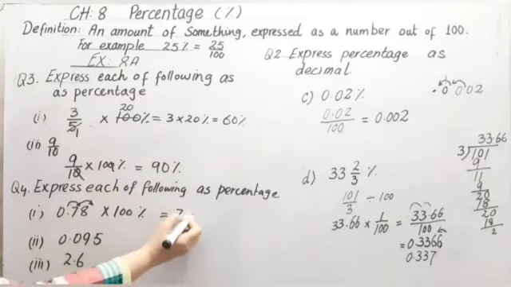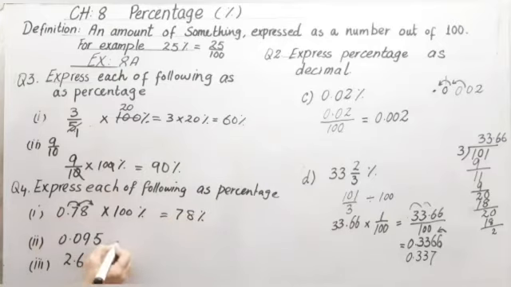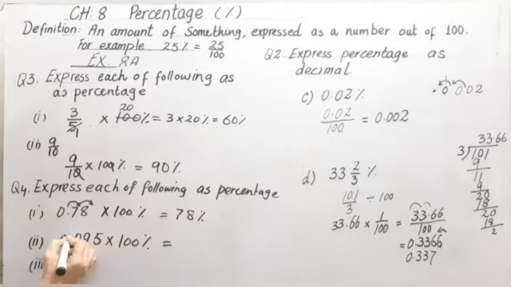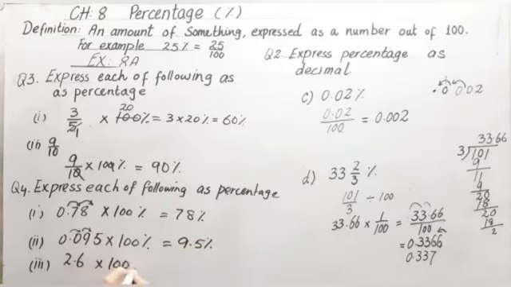So our point moves from here to here, it will be 9.5%. And in this question, multiplying by 100%, our point moves 2 places, so it is 260%.